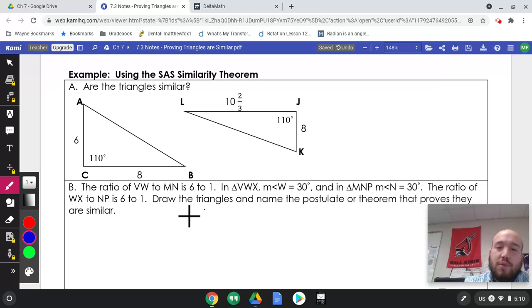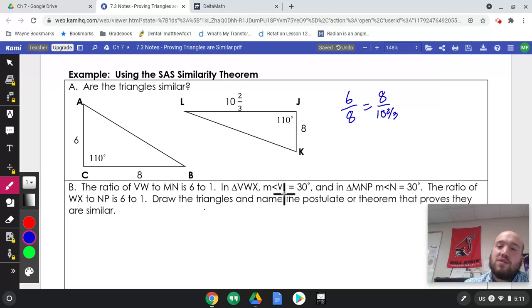We can set up a proportion: 6 over 8, and we'll check, does that equal 8 over 10 and 2/3? If you think about it, this one rotates. It'd match up 10 and 2/3 here with the 8. I know these sizes maybe don't make sense, this is 8 and this is 8, that's not drawn to scale. Bear with me.